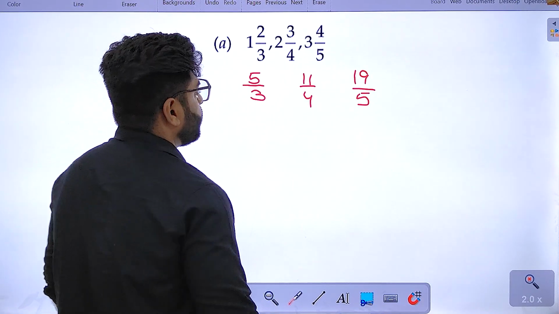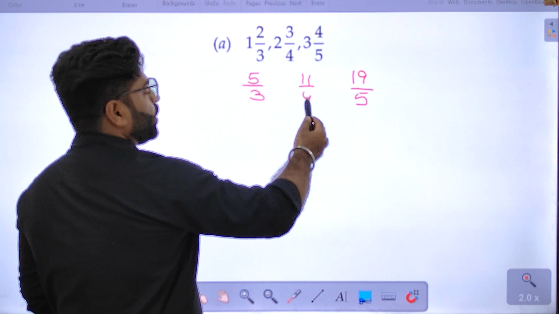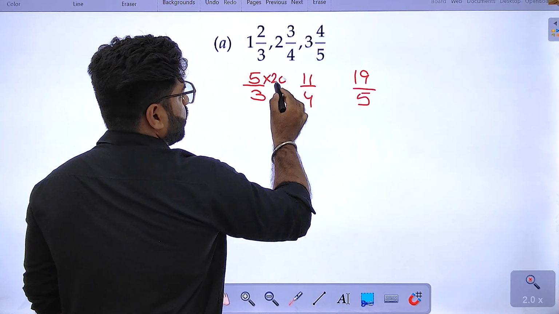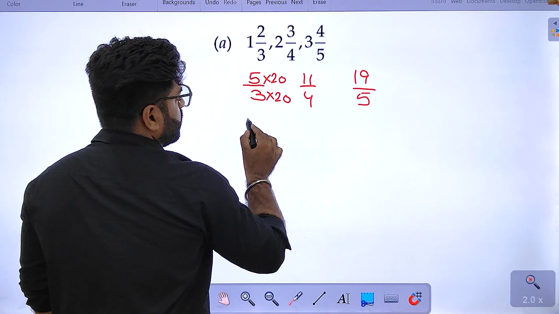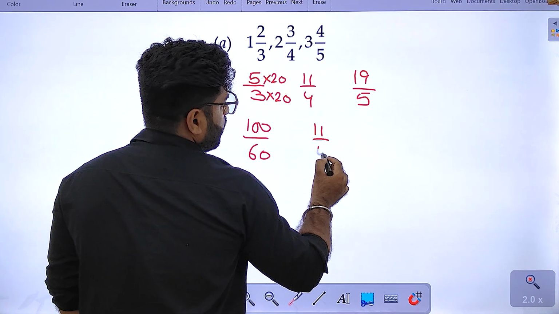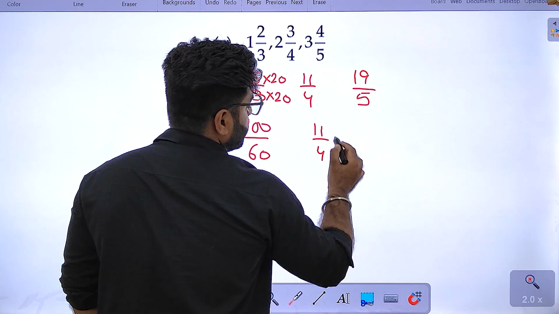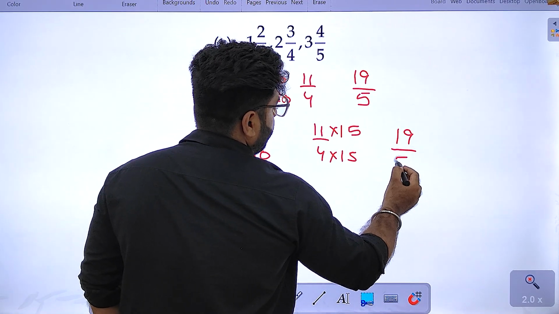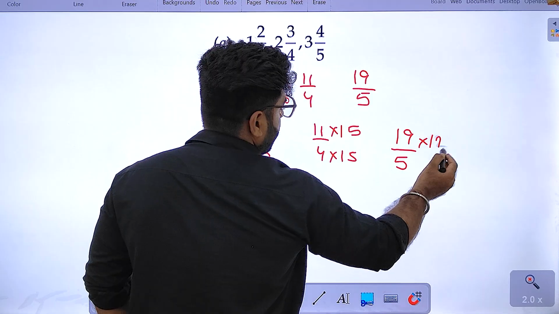So we have to take the LCM, that is 5 4s are 20 and 3 20s are 60. So here we are going to multiply by 20. This is 100 by 60. And this is 11 by 4, this is 165 by 60. And here we are having 19 by 5, so here we are going to multiply by 12.